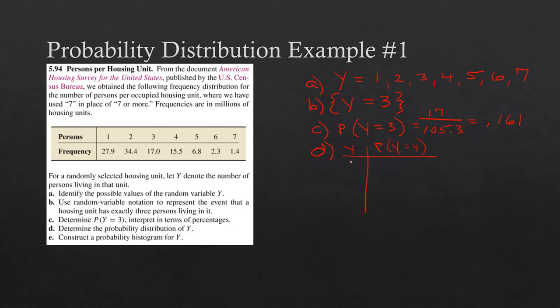Well, we know that the y values are going to be 1, 2, 3, 4, 5, 6, 7. That's the random variable side. Now, to do the probability, we have to do just like we did for letter C, for every single one of these. So you would do 27.9 divided by 105.3, 34.4 divided by 105.3, and so on until you got all these probabilities, which would look like this.